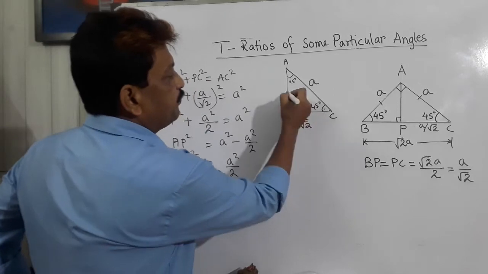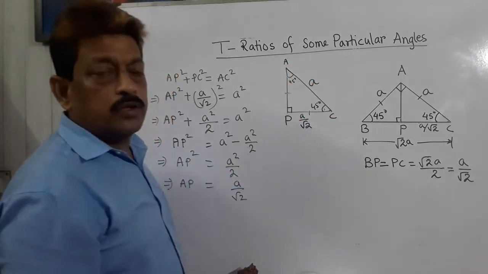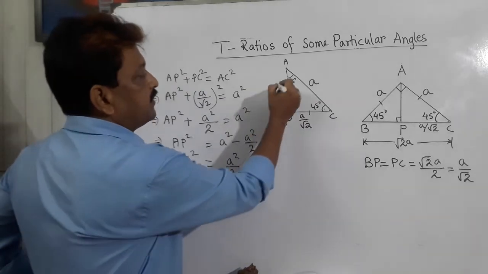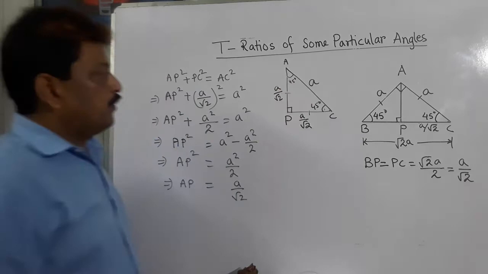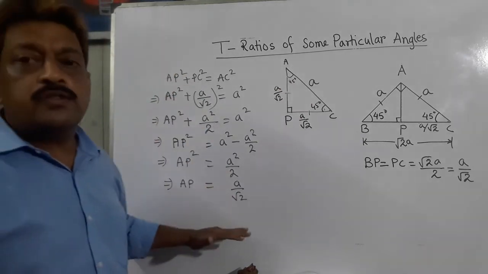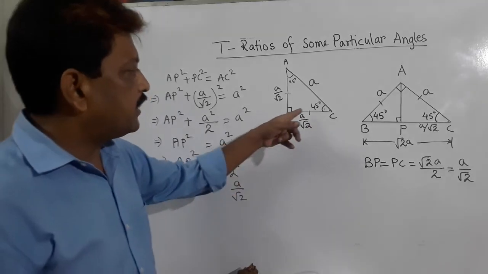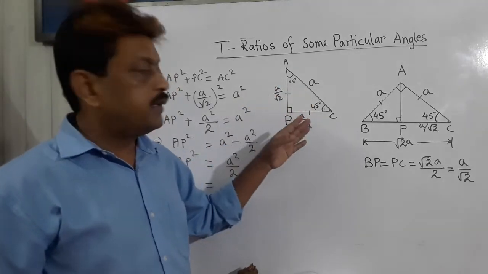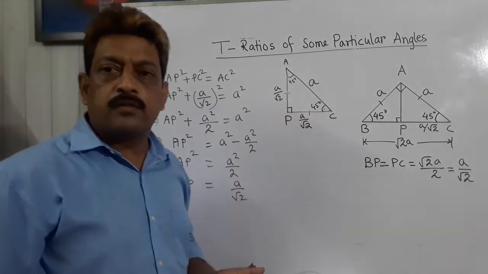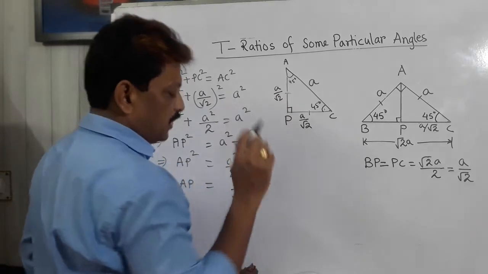Naturally AP and PC are also equal, and we can directly write AP as A upon root 2. Without doing this, we can simply use the property of isosceles triangle, that if two angles of a triangle are equal, then their opposite sides are also equal. So PC is A upon root 2, therefore AP is also A upon root 2.